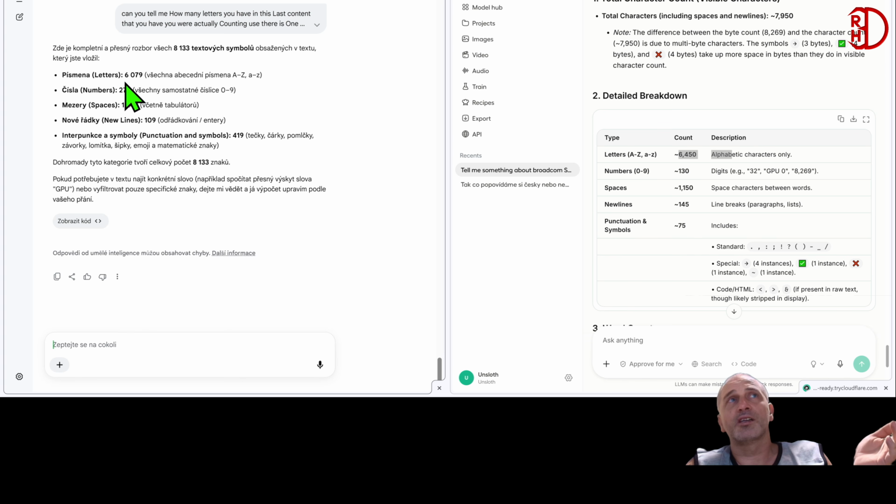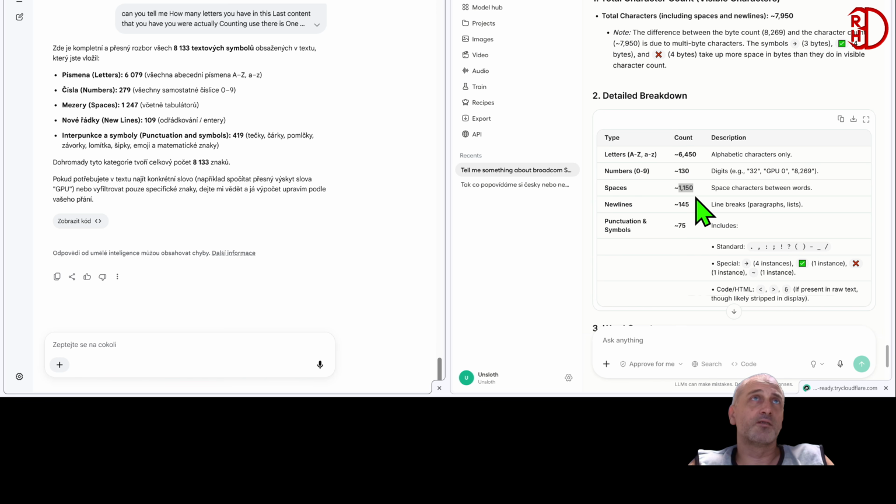Okay, so he is saying 6,000 all letters, yeah. 279 numbers. Okay. Spaces. Okay. Yeah, see? This one can count. This one, he's guessing. He's guessing.